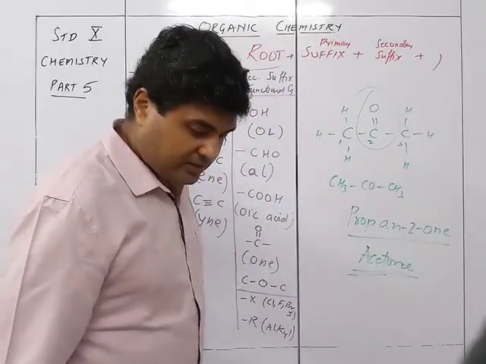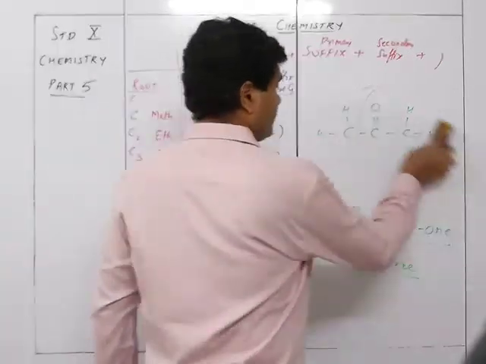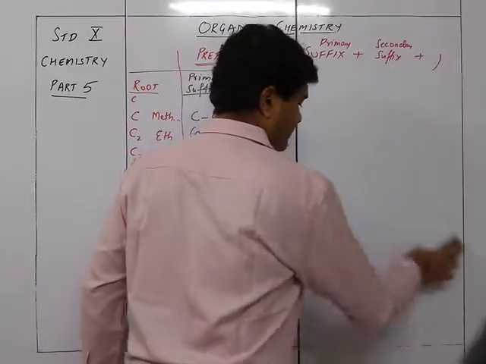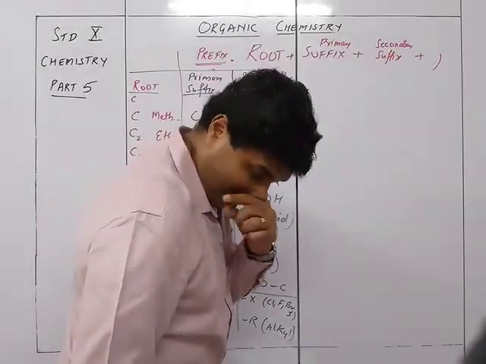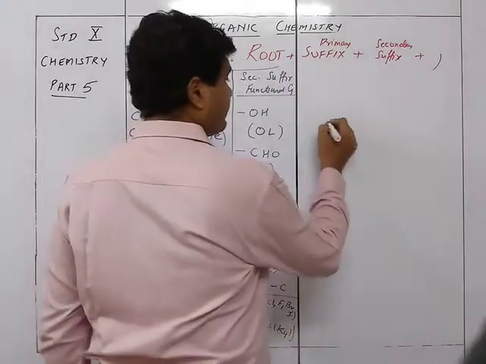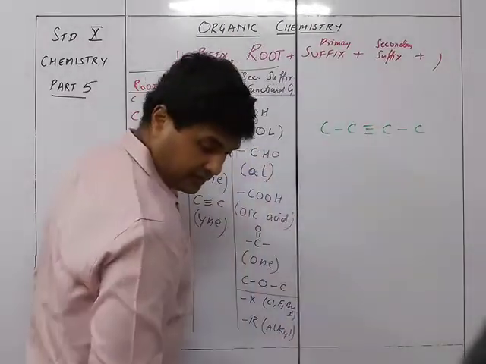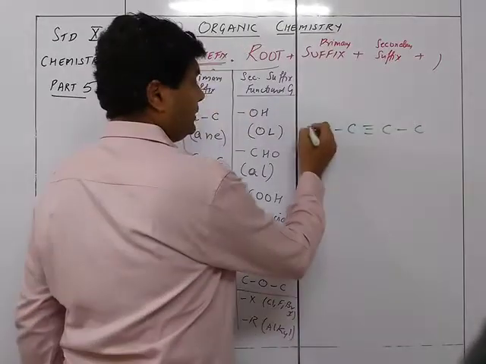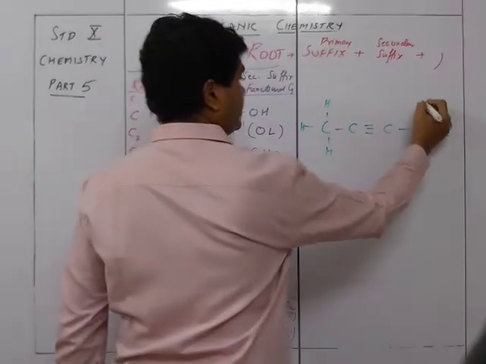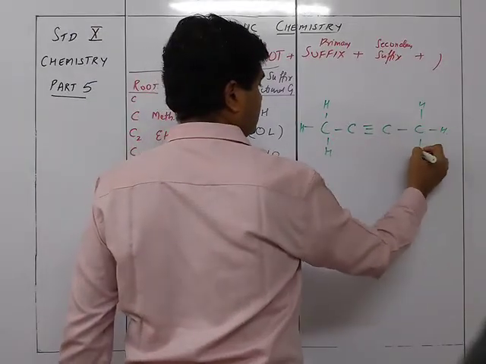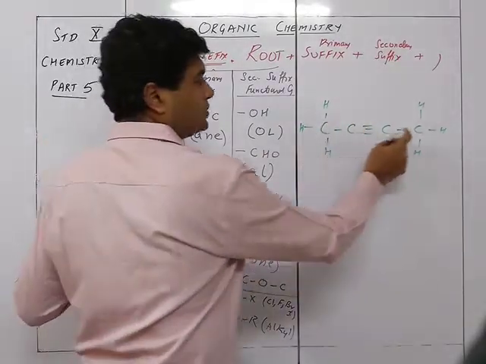The next one is, okay, you have now C, C, triple bond, C, C, and then you have H, H, H, H, H, H. Okay, so this is 1, 2, 3, 4.